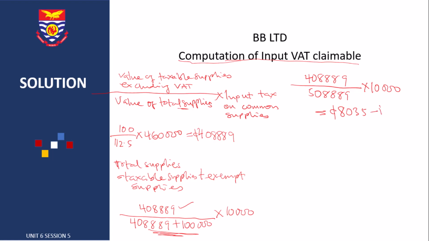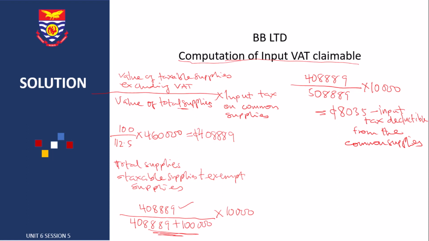So this is the input tax deductible or claimable from the common supply. Now we have to find the total input tax claimable.